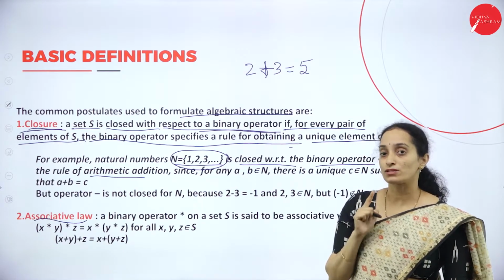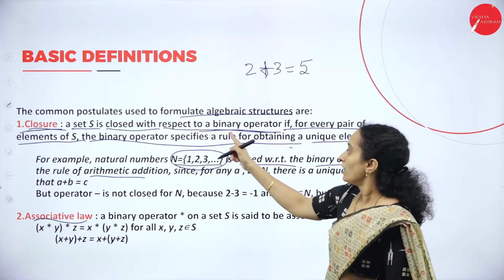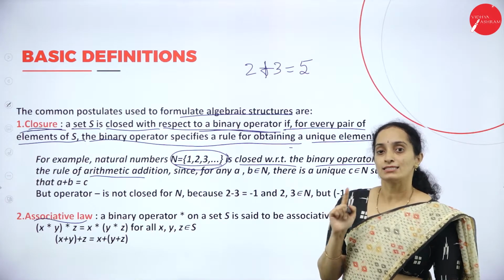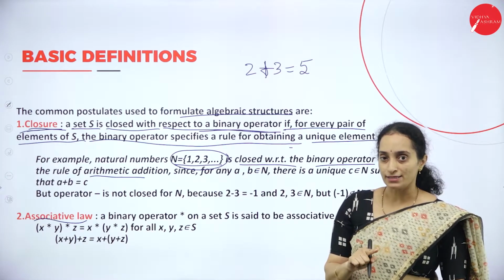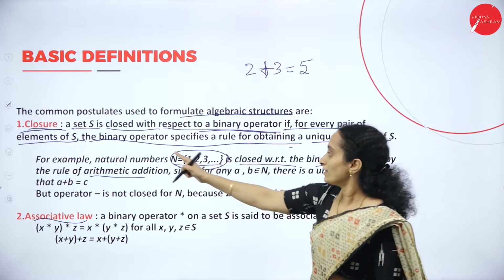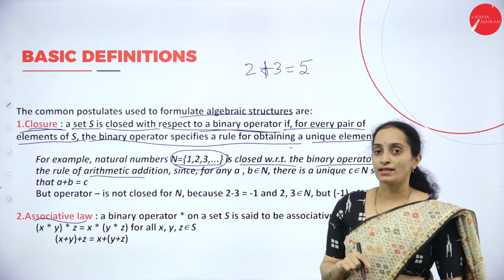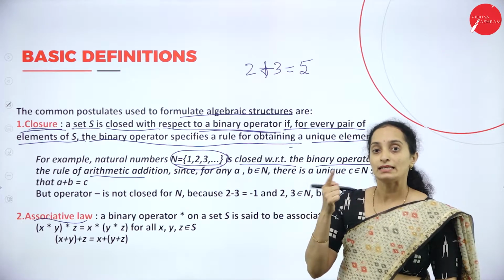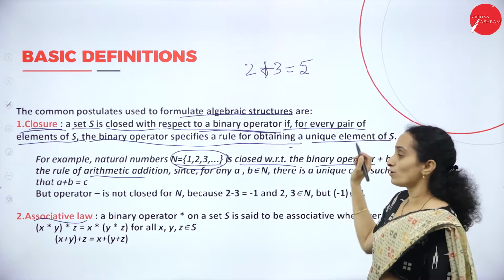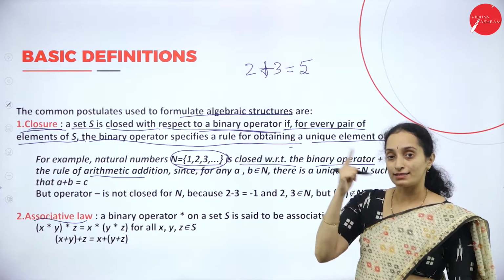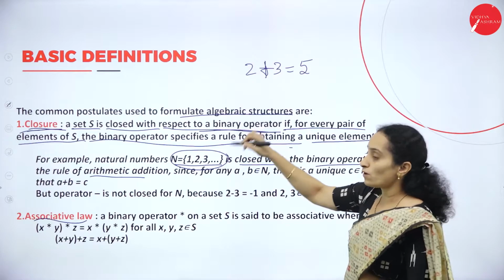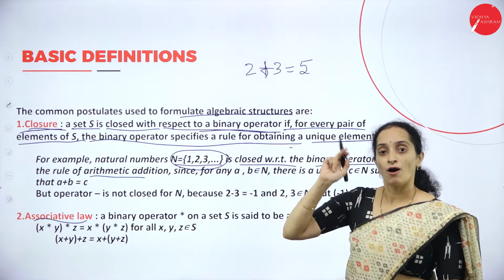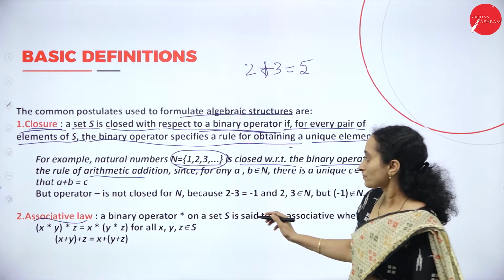This is what the closure law says. A set S is closed to the operator plus only when the binary operator applied on it gives a unique element of S only. The resultant value must belong to the same set as the operands.